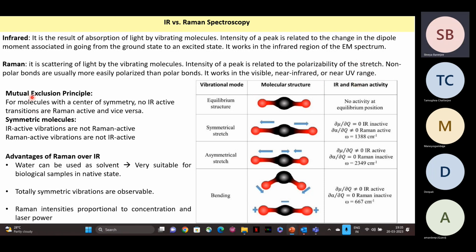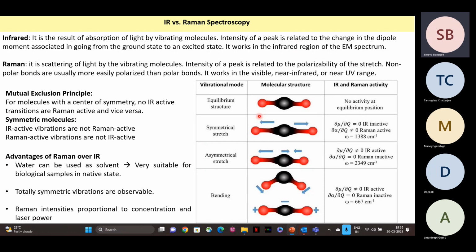There is a simple rule to remember that for symmetric molecules, IR active vibrations are not Raman active, and Raman active vibrations are not IR active. So the example of CO2 is shown here, where in the equilibrium structure, the dipole moment is zero and the polarizability is also zero. So both Raman and IR are not observed.